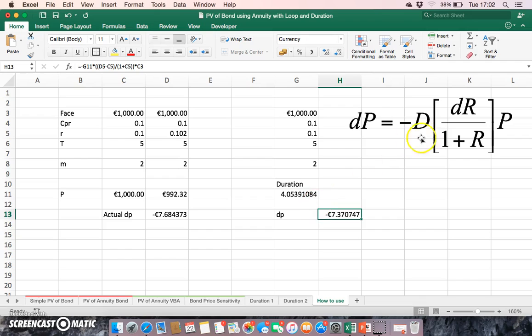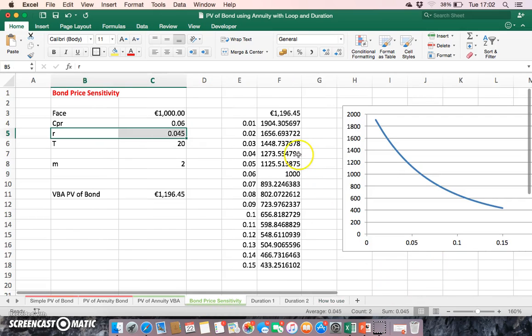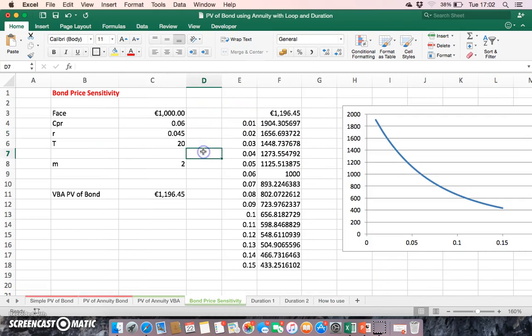So duration is a linear relationship, whereas the true bond price, as we would have seen before here, has a different relationship for different interest rates.